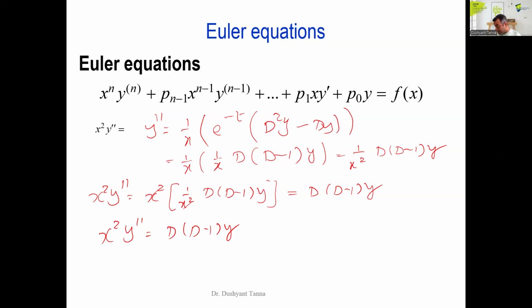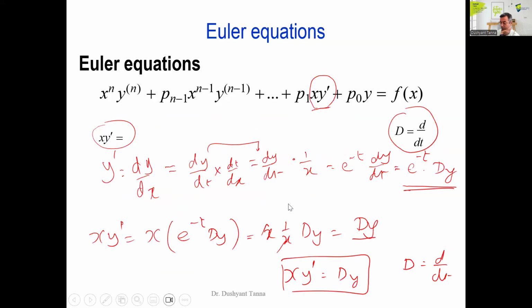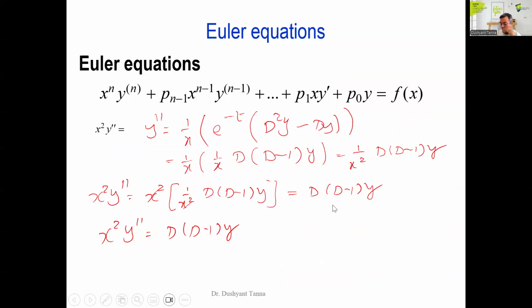Right. Now, by this time, you might guess the third one as well. So with the x, if you observe here, what happens is d, or simply d minus 0, if you wanted to write it in that way. x y dash is d minus 0 y. Okay? So first power of x, first derivative, you're talking d minus 0. So one less than what's there.